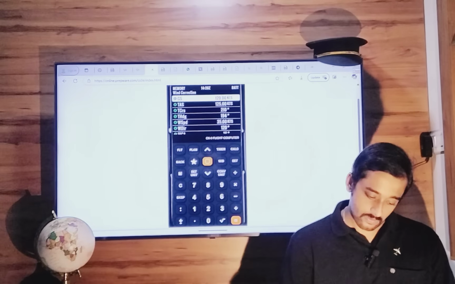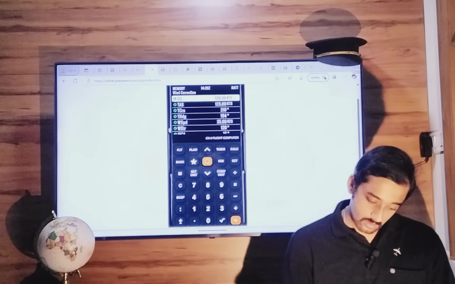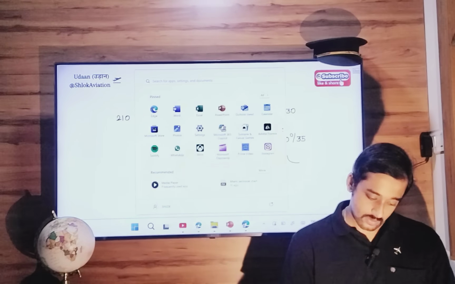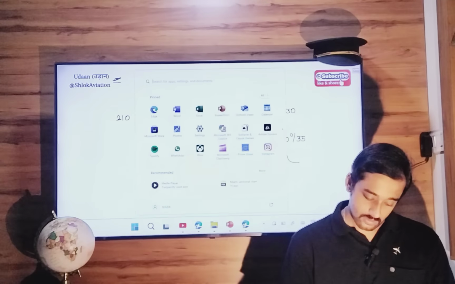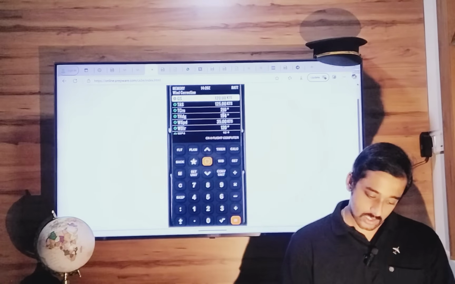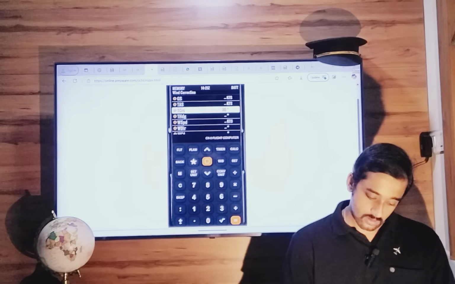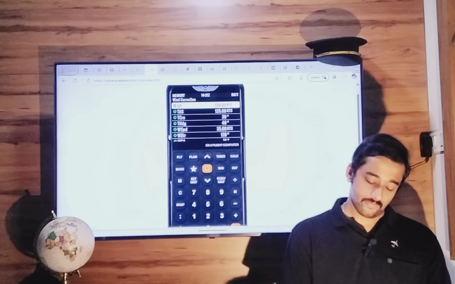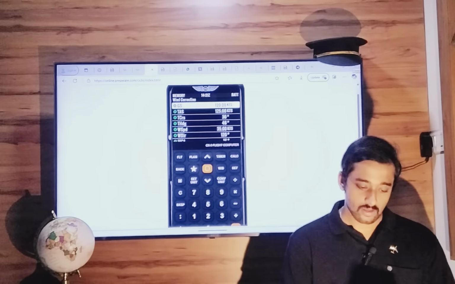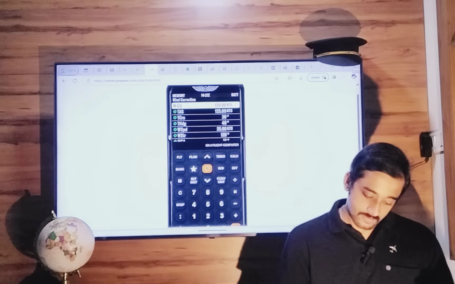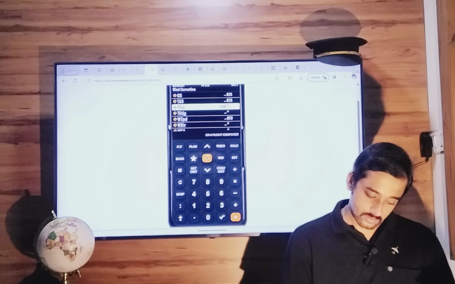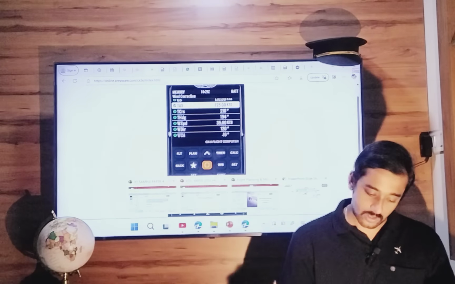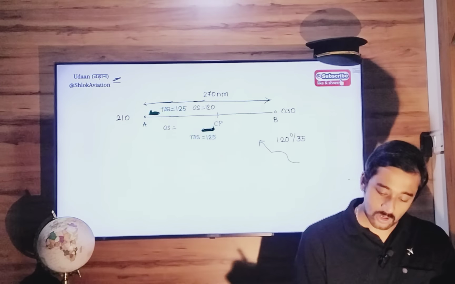Winds 120 at 35 knots. TAS is 125. So again, ground speed remains the same, 120 knots, whether you are flying outbound or homebound.